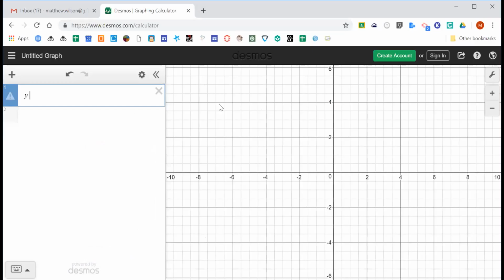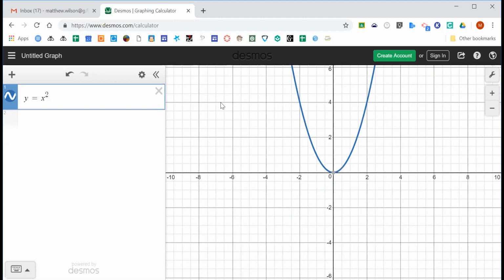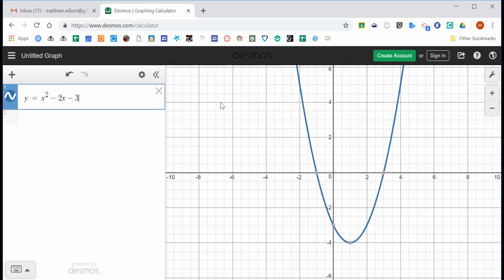So I'm going to type in the equation. As I'm typing on my keyboard, y equals x, and then I'm going to hit Shift 6, which takes me to an exponent, and that'll be an x squared. And then it's minus 2x minus 3. There's the graph from what I just gave a sketch of earlier on our notes.